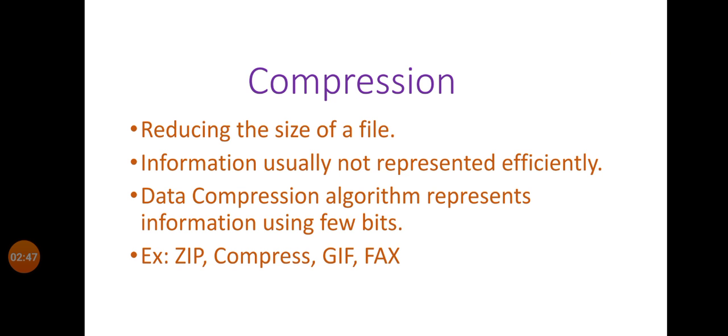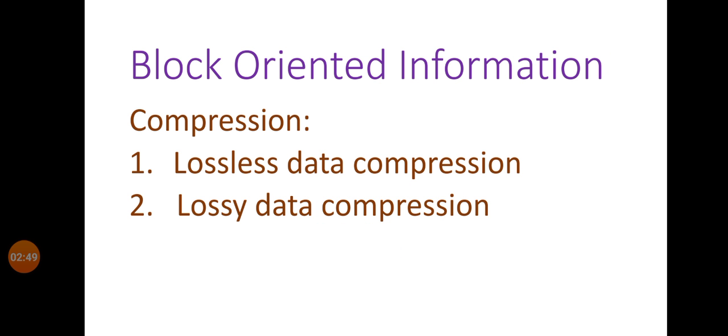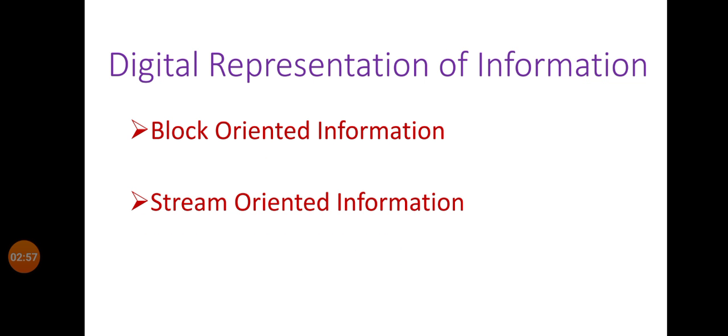First one is block oriented information. What is meant by block oriented information? It includes data files and black and white documents and pictures that can be represented as digital information. Which information can we consider block oriented?